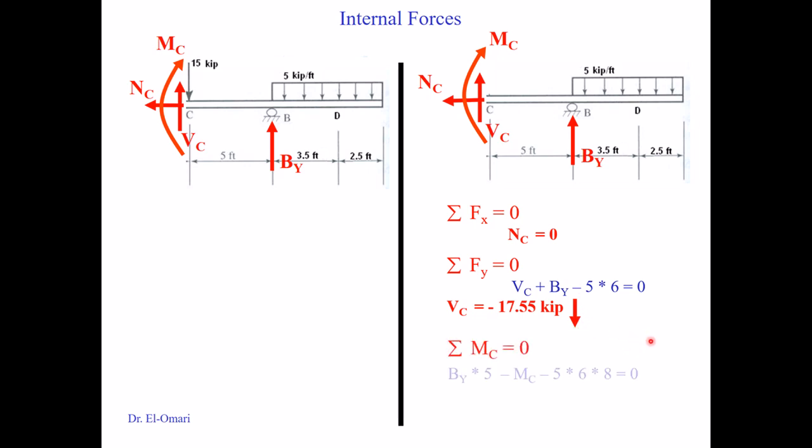Finding the moment, to find that internal moment MC. So you start with By times the moment arm 5, and then MC is rotating clockwise, negative, and then also we need to find that moment caused by the distributed load.